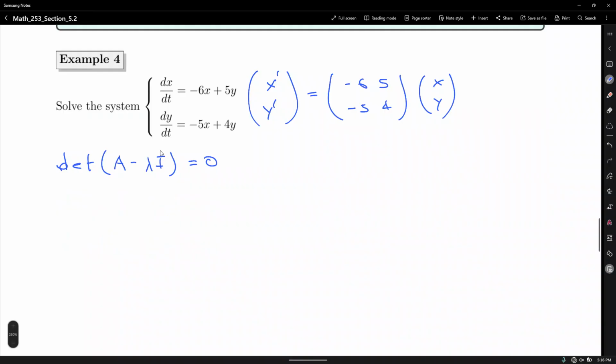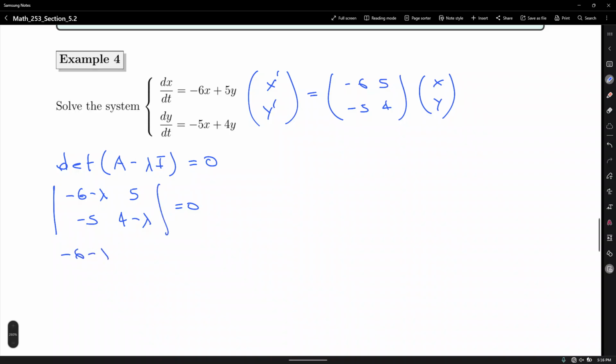All right. So what else do we do? Subtract lambda from the elements along the main diagonal, and at once I'm going to set the determinant notation. So that's negative 6 minus lambda, 5, negative 5, 4 minus lambda. Let that be equal to 0 and evaluate the determinant.